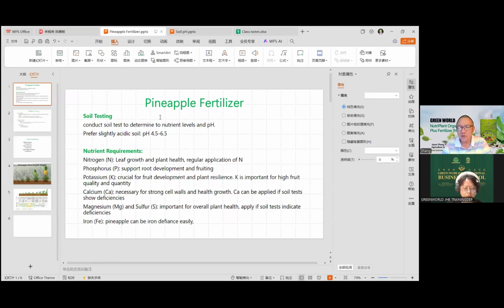Potassium is also very important for fruit development and plant resistance. The quality of the fruits depends on it. If you have K deficiency, your fruit may have lower quality or less quantity. It's not needed in a large amount.